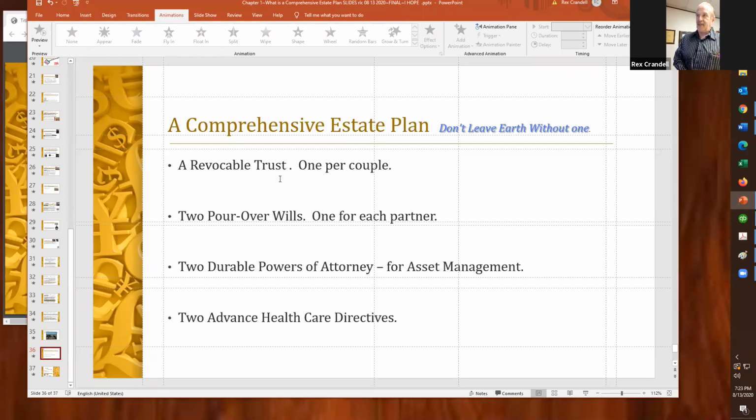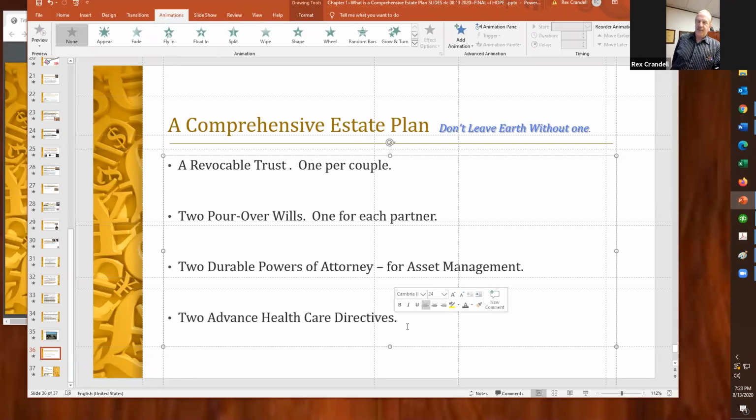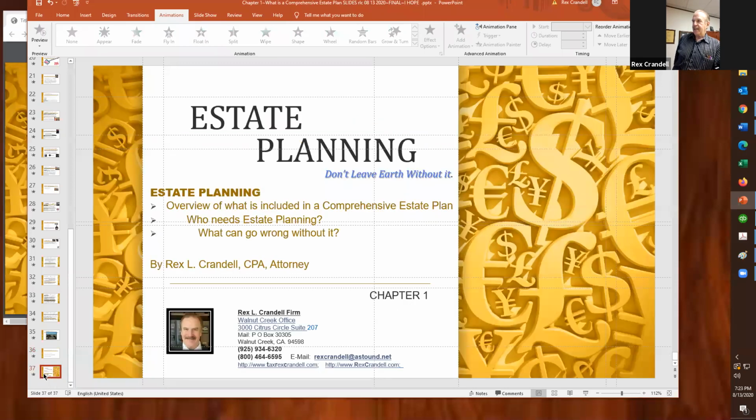Make sure you put all your assets in the trust that you can. 2 pour over wills that point back to the trust for asset direction, 1 for each partner. 2 durable power of attorneys for asset management, 1 per spouse. And 2 advanced health care directives, 1 per spouse, end of life decisions, and a HIPAA release. So with that, we've come to the end, and I'd like to see if there are any other questions.